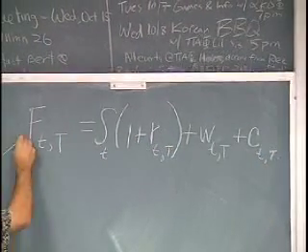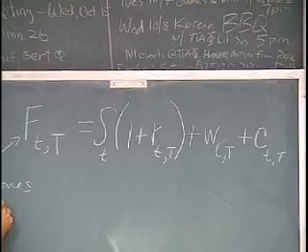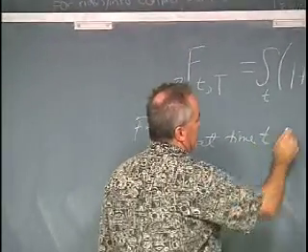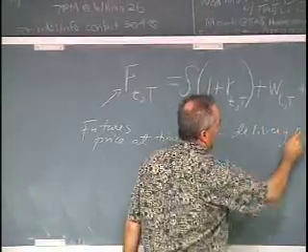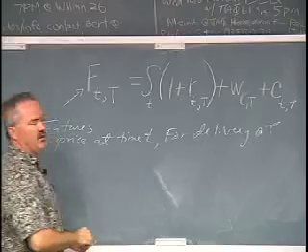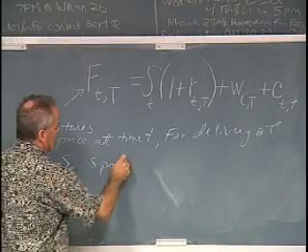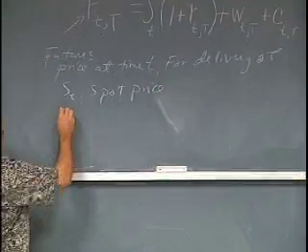So this is the futures price at time t for delivery at capital T. S_T is the spot price.